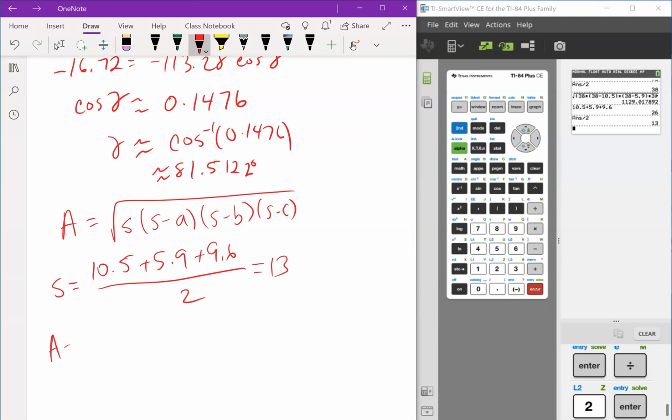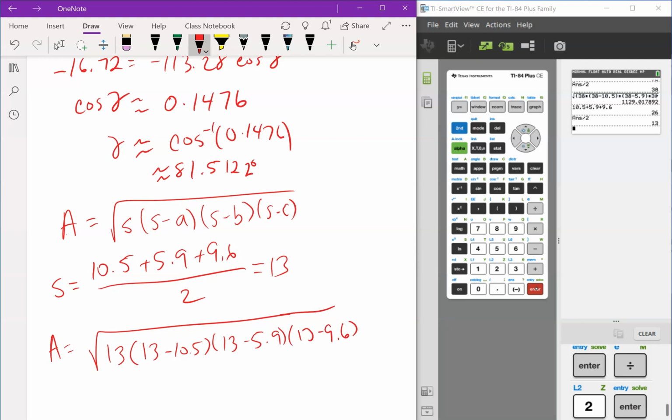So now we can plug that in. Square root of 13 times 13 minus 10.5, 13 minus 5.9, 13 minus 9.6. Multiply all those together, and then take the square root.